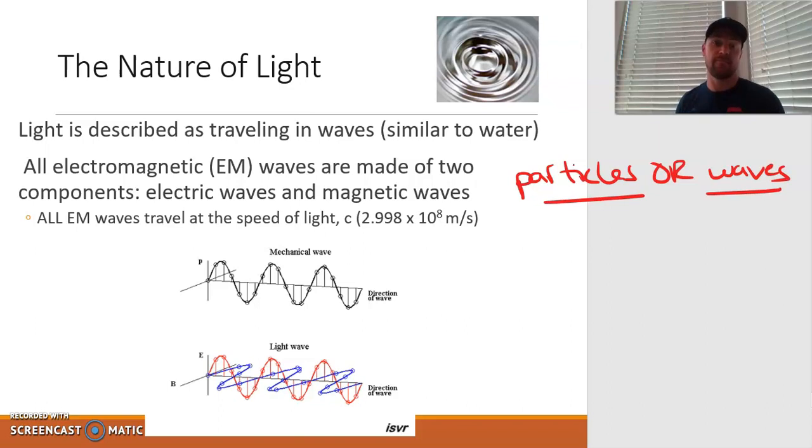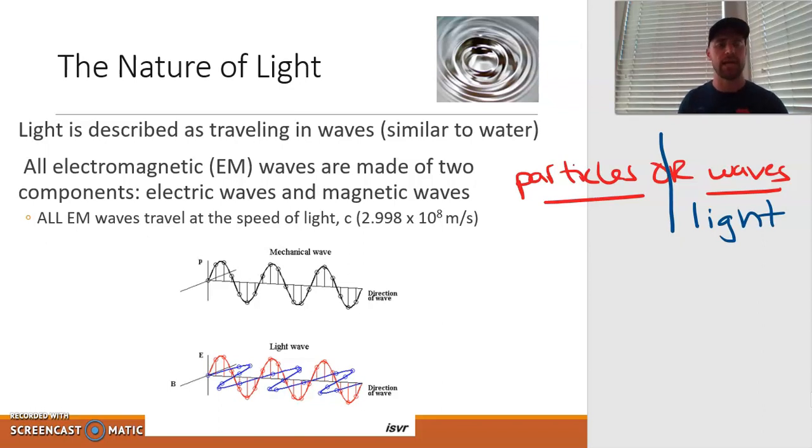So, what they believed is that whatever they were looking at fell into one of those two categories. There was no bleed over. It was one or the other, very black and white. And so at the time, light was considered to be over here in the wave category.